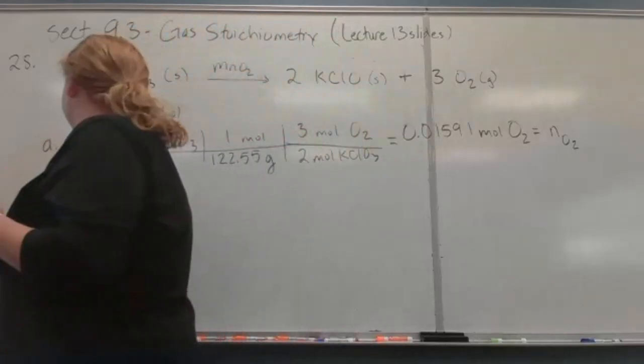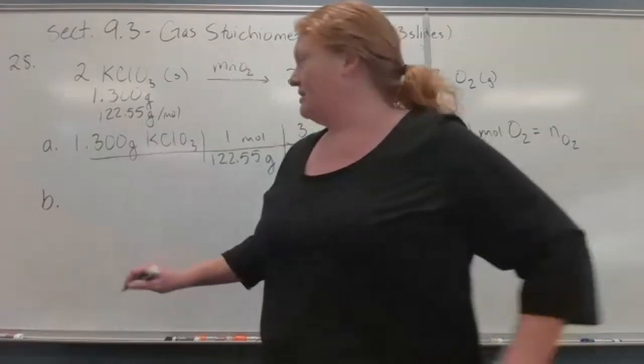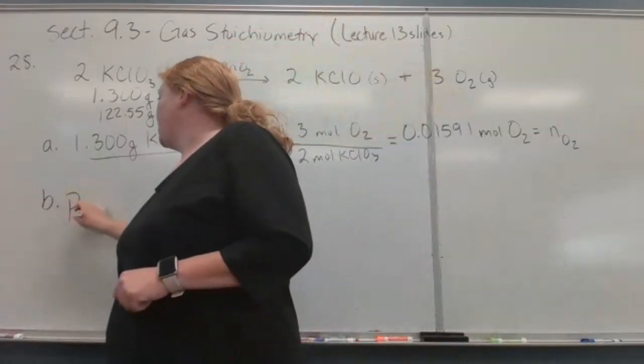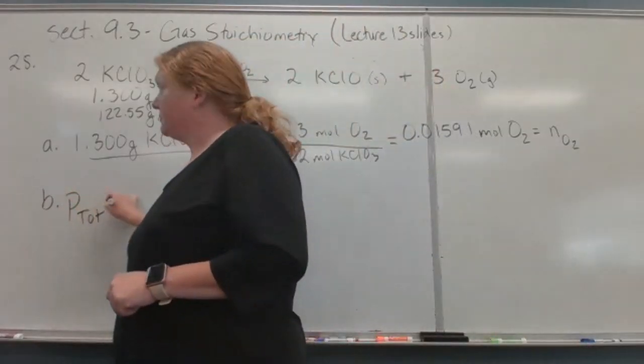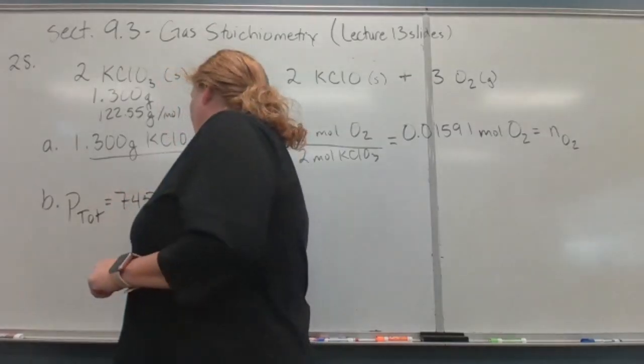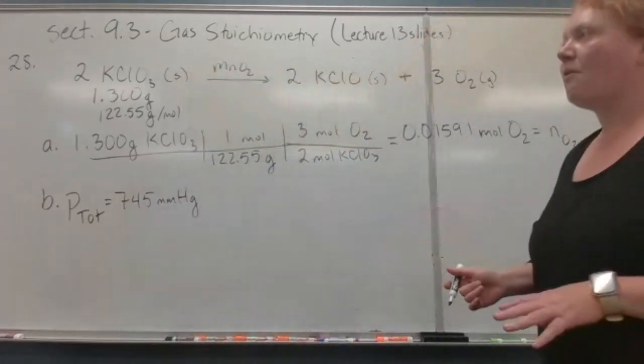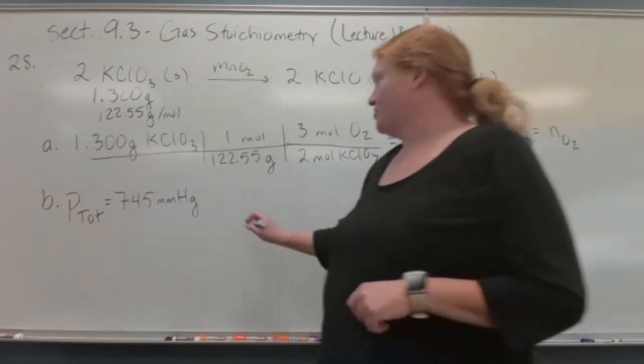Okay, second step is what if I collected this at a total pressure of 745 over water. And I tell you, or you could go look it up, what the water vapor pressure is.